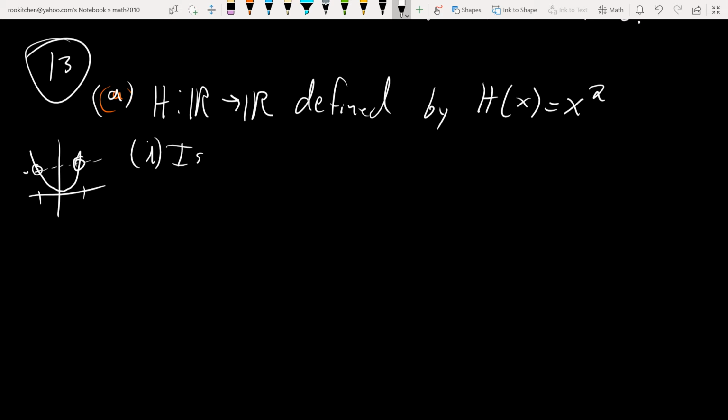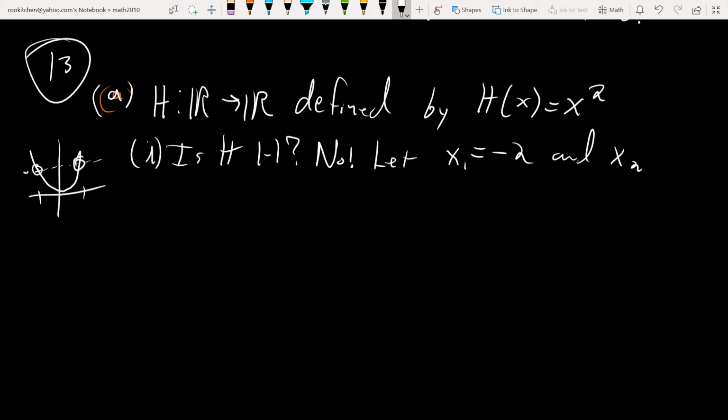So they're asking, is h 1 to 1? And of course we say no. So let x1 equal -2, and then x2 equal 2.